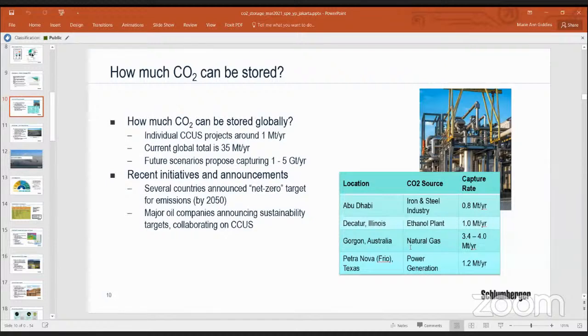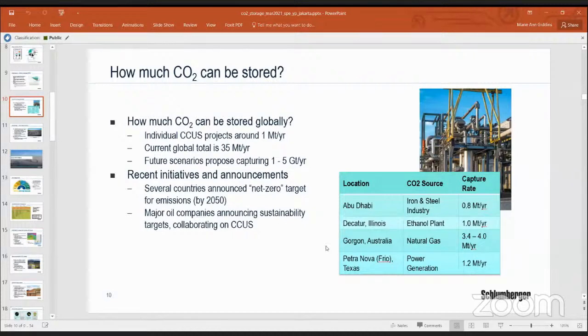In Australia, CO2 is being captured from natural gas production at around 3 to 4 megatons per year. In Texas, at Petra Nova, there's a power generation plant, and again the capture rate is about 1.2 megatons per year.